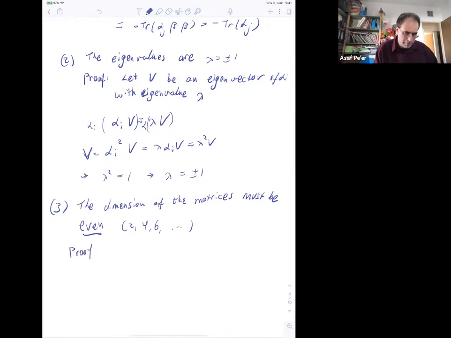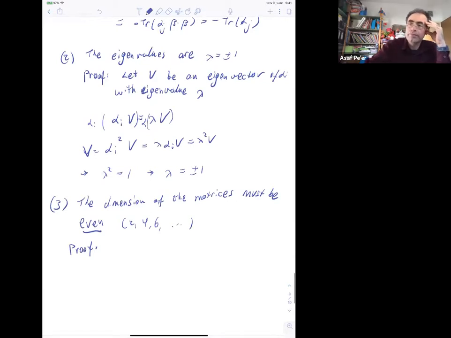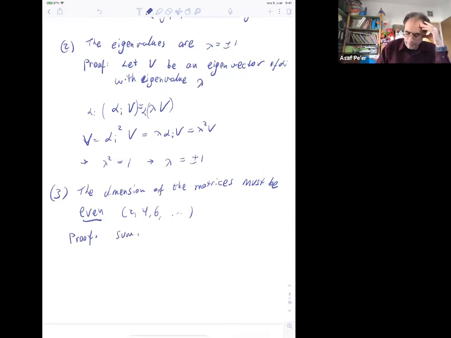So the proof is quite straightforward. We simply use the fact that the sum of eigenvalues of a matrix is equal to its trace.